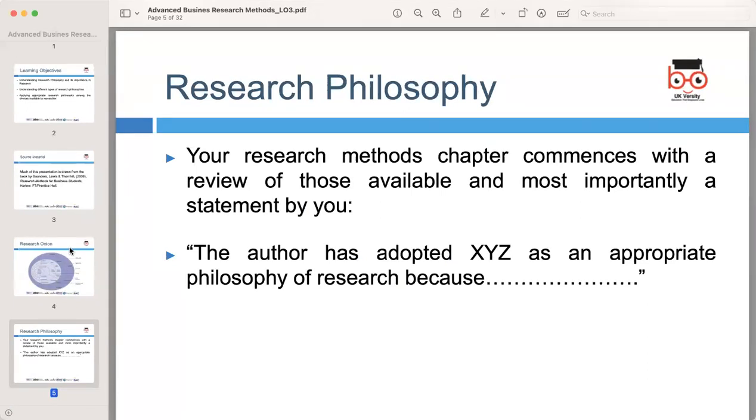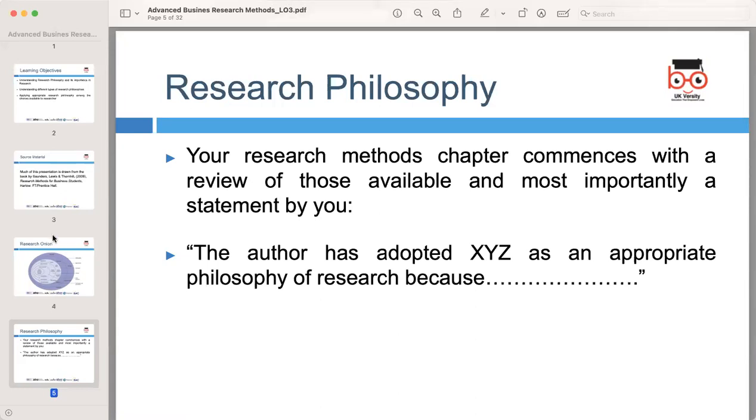Now we are going to discuss the philosophy of research and how it influences our approach to conducting research. In particular, we are looking at XYZ as an appropriate philosophy of research. So let's get started.